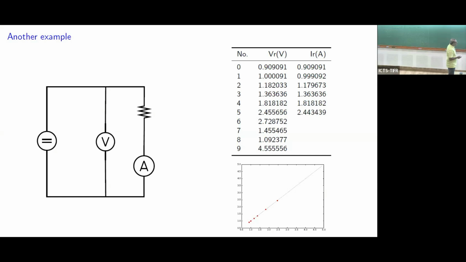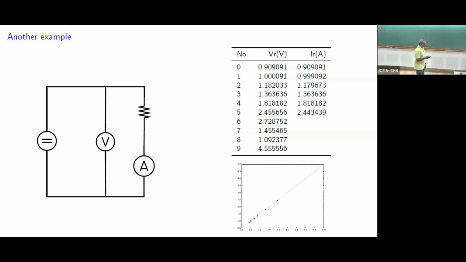If you have all these points, you can see that this lies along a line, and the slope of this line here is actually the reciprocal of resistance. Okay. So in this problem also, you are trying to do something similar to what you had done previously, right? There you were trying to find the value of that increment I. Here you are again trying to estimate something which is 1 by the resistance, the reciprocal of this resistance.